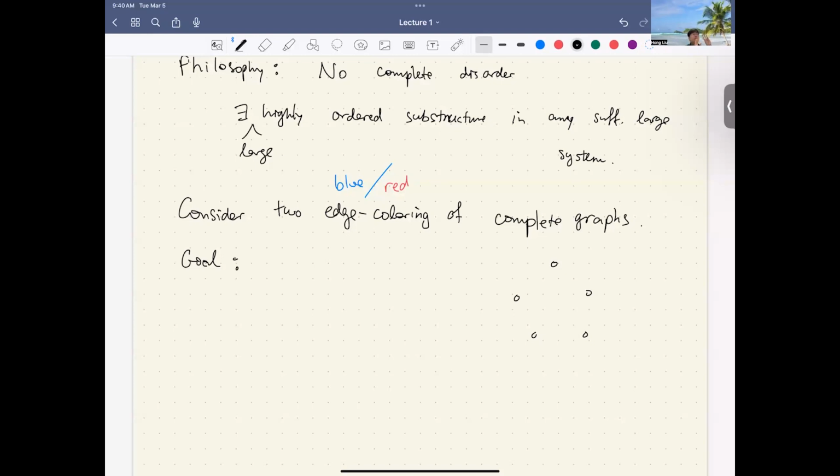They're all red or all blue. The goal is to find a large monochromatic complete subgraph.